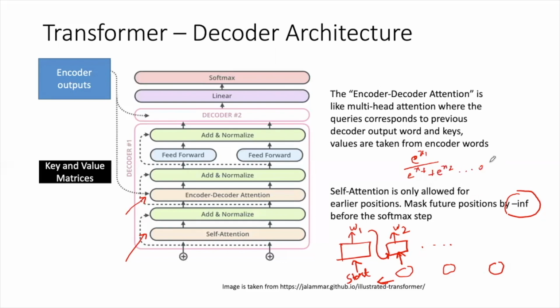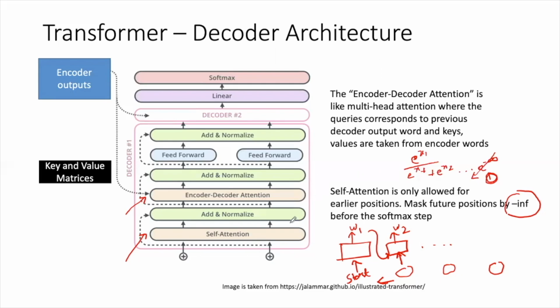So if something is -infinity, e to the power of it turns out to be 0. That way it's not adding any score to the score computation. So that's what is typically done to ensure that we don't use the future words.